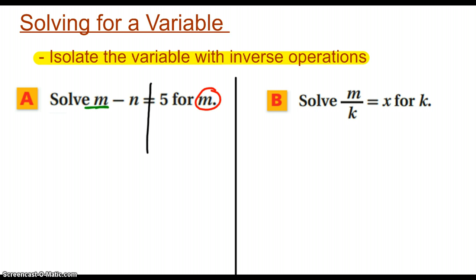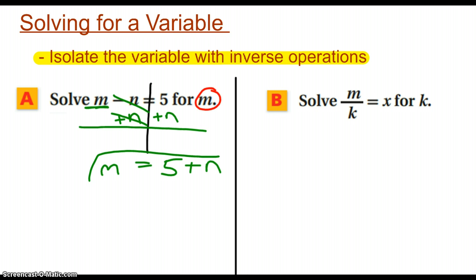Well, I'm subtracting n, so I'm going to add n to both sides. Negative n plus n will cancel. I'm left with m equals 5 plus n. And that's our answer. Like I said, we don't know what n is, but we know that whatever n could be, m has to be 5 plus n.